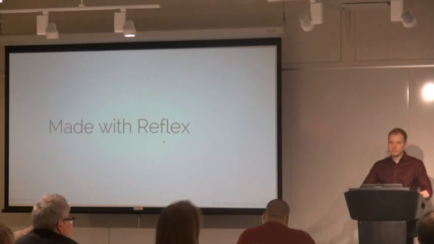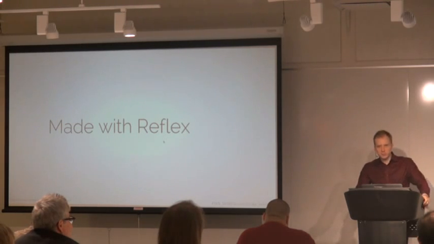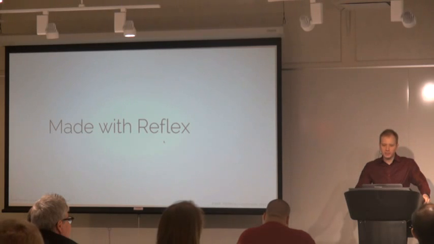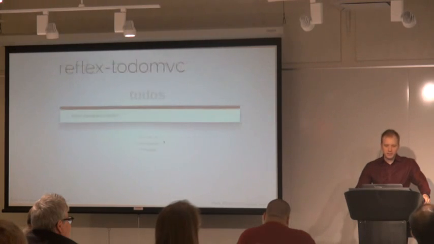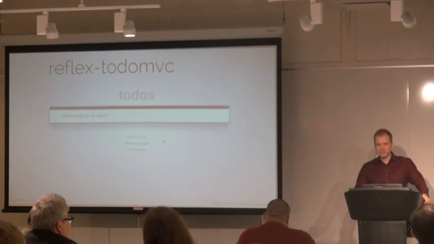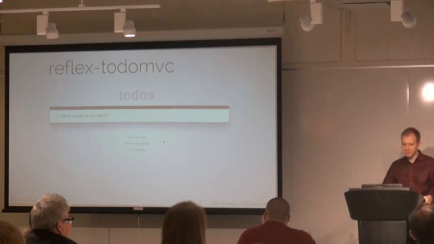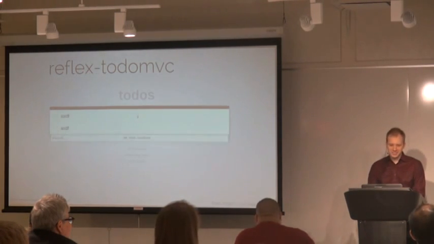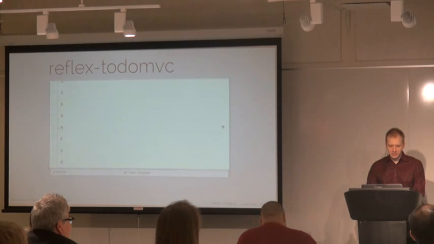So obviously, Twitter front ends are not the only thing that we make with Reflex. There are a couple of other things that I've made and that others have made so far. Of course, every front-end framework has to have a to-do MVC implementation. So, got one of those. And you can just make as many things as you need.